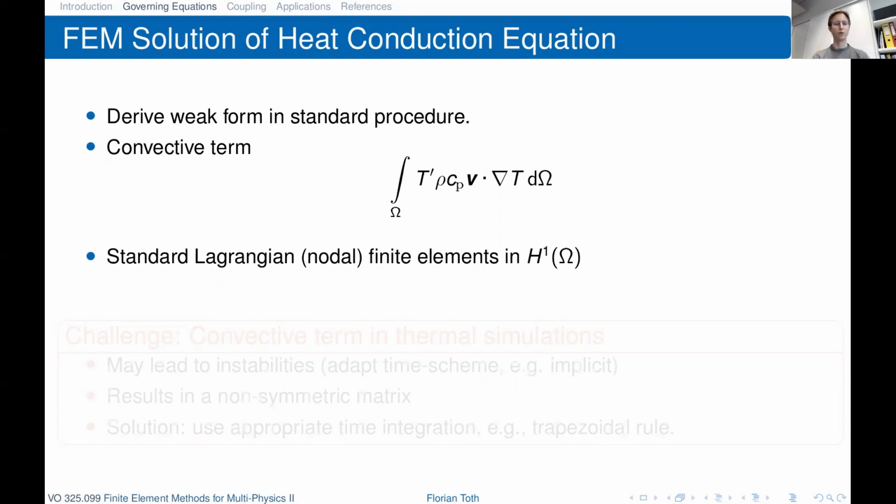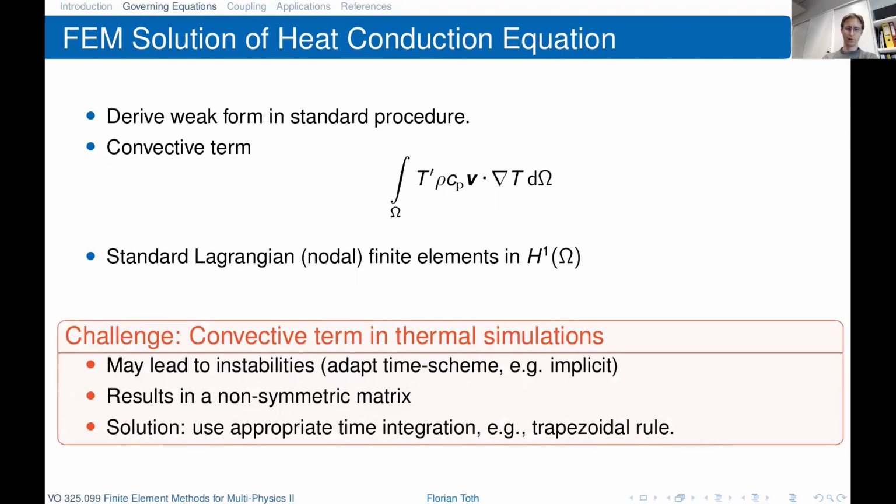And we can use standard Lagrangian nodal finite elements. The challenge when solving this is that the convective term may lead to instabilities. So especially for time-dependent problems, you have to adapt your time scheme to something sufficiently stable.